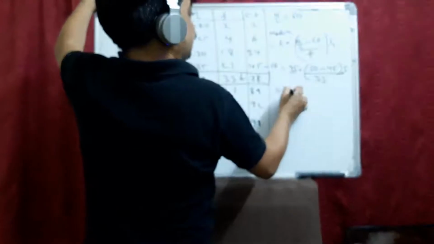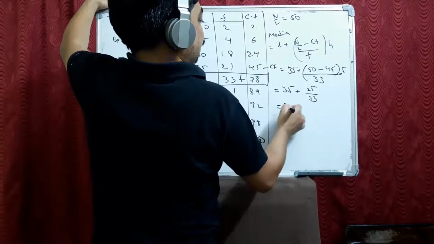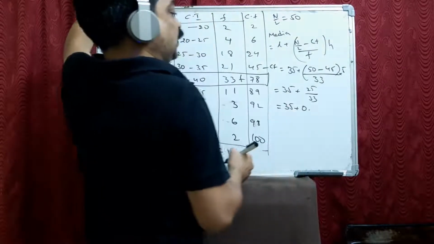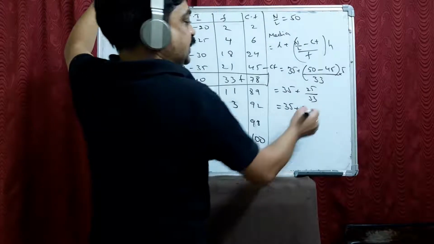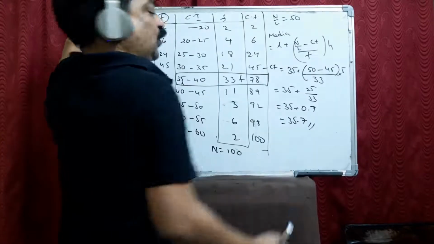So it becomes 35 plus 5 into 5, 25 by 33. It becomes 35 plus 0.7 something. It becomes 35.7 approximately. Okay?